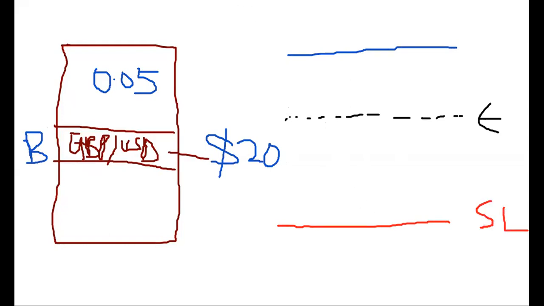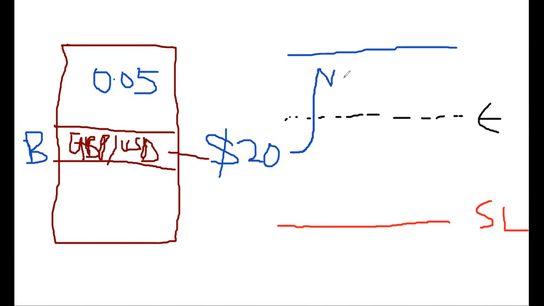Now, if this woman enters this trade, immediately she passes the entry point, she goes up, she'll be in profit.